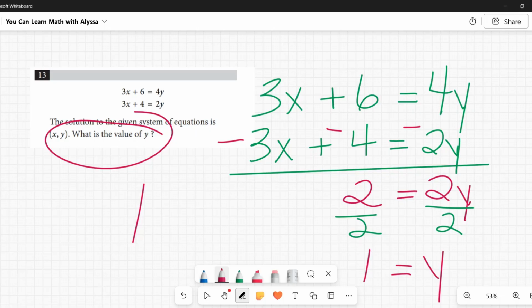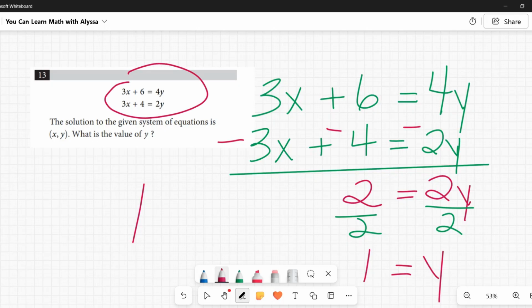It's pretty fast, especially if you have a lot of experience with it. Some people, if they get really practiced, might not even need to write it down. They might just look at the screen and go, if I multiply everything by negative 1, it's the same as subtracting everything. Those cancel out, 6 minus 4 is 2, 4y minus 2y is 2y, so y is going to be 1.